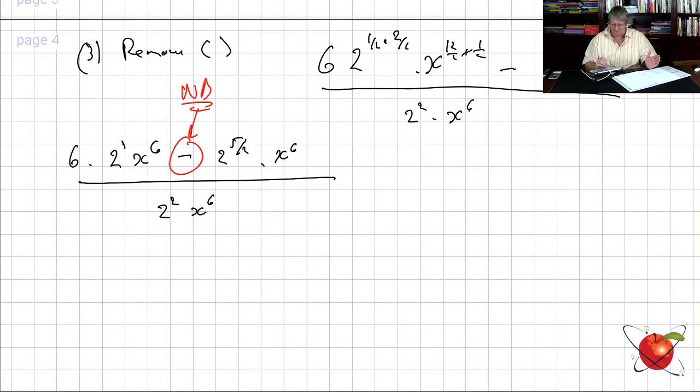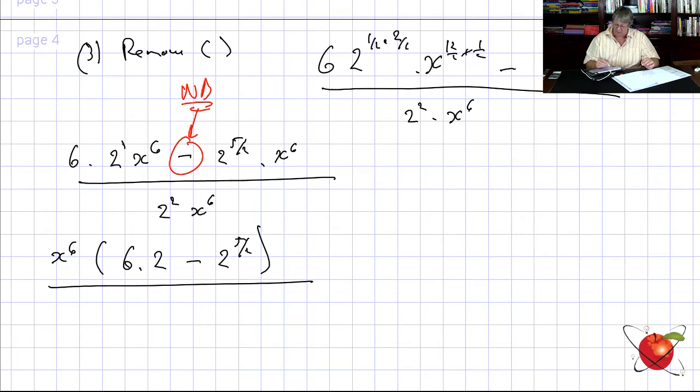let's say I'm a bit confused about the numbers, so I take out x to the 6, right? X to the 6, leaving us with a 6 times a 2 minus 2 to the 5 over 2. All right? And at the bottom, that is 2 to the 2, x to the 6th. So we can take out and start then, remember, cross-cancel again and simplify.